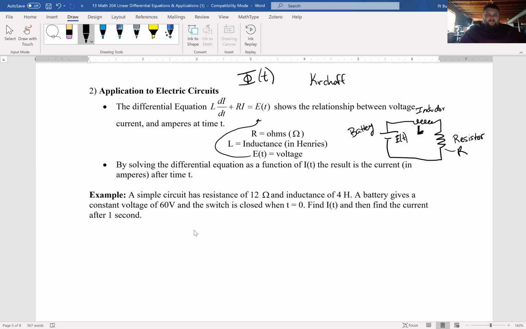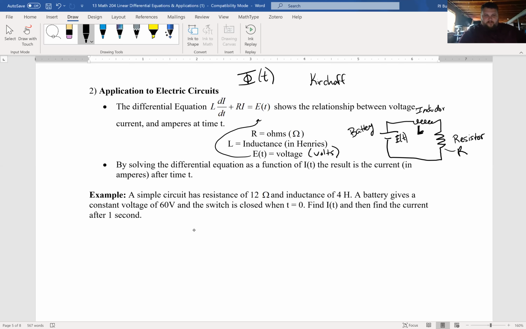So the things that we're given are the resistance in units of ohms, the inductance, which is going to be in units of henries, and the voltage, which is going to be in units of volts. So let's look at the problem here.